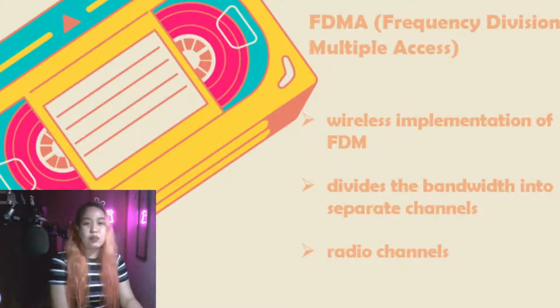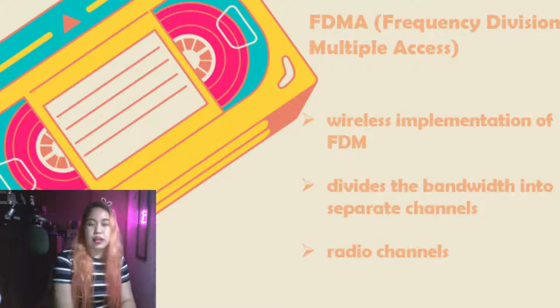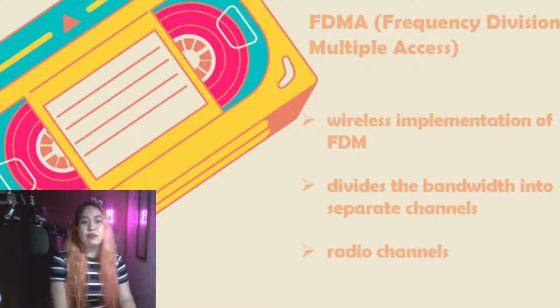So, any two signals should not have the same frequency range. Hence, there won't be any interference between them, even if we send those signals in one channel. One perfect example of this type of access is our radio channels. We can see that each station has a different frequency band in order to operate.